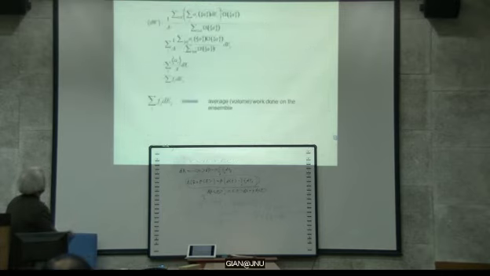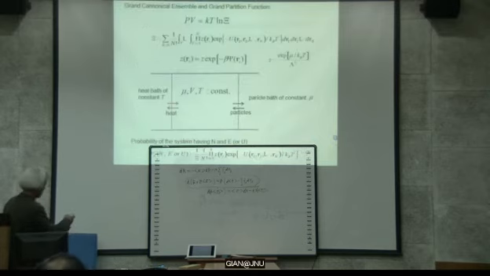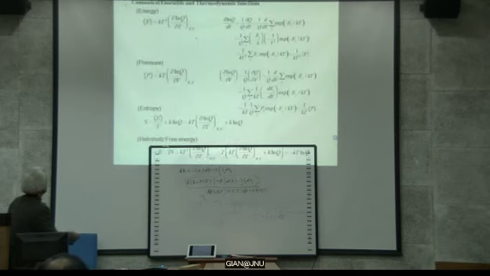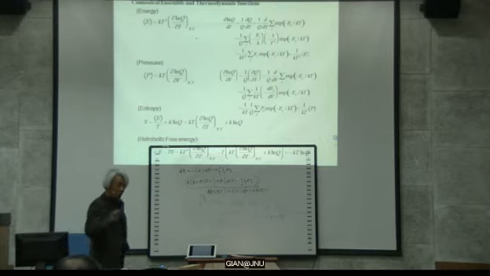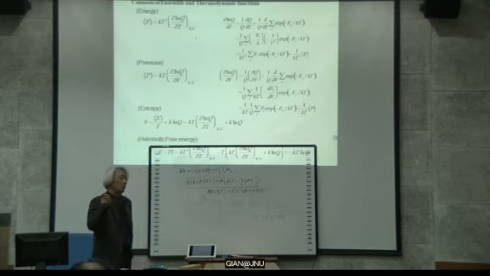So all of those messy derivatives, after taking derivatives, you finally get this expression. Okay, this is the way to establish it.